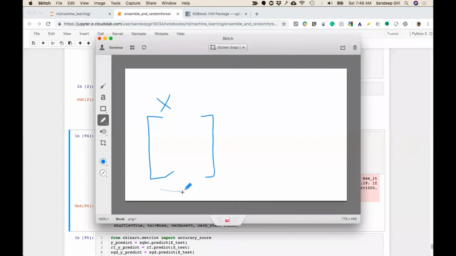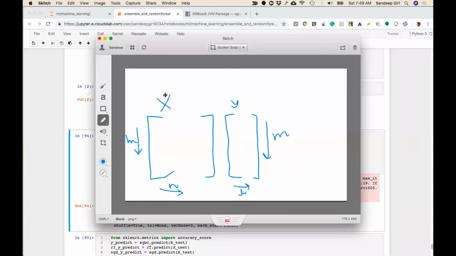This can have any number of features, while these are the number of instances, and this is Y.